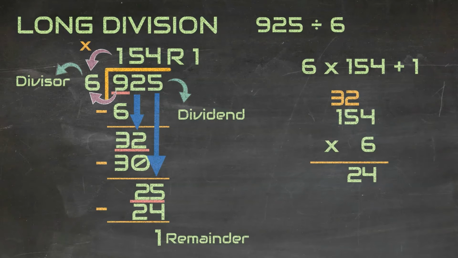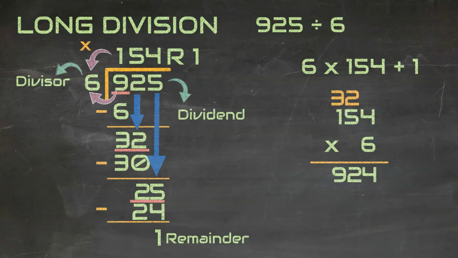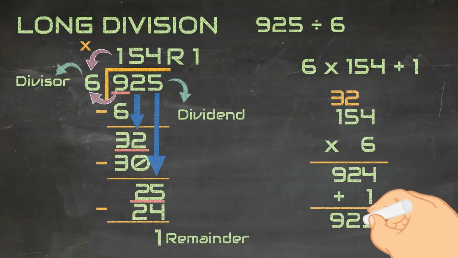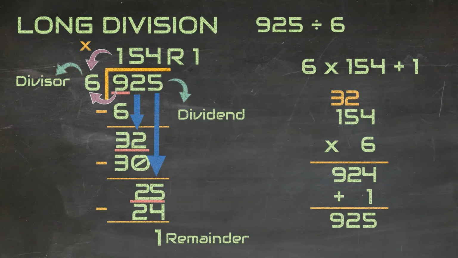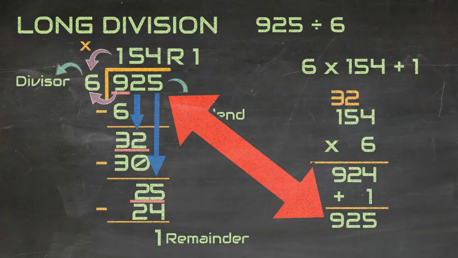Next. 6 times 1 equals 6 plus 3 equals 9. Bring down 9. The product is 924 and the remainder is added to this. 924 plus 1 equals 925. 925 is equal to the dividend. The quotient, 154, remainder, 1, is therefore correct.